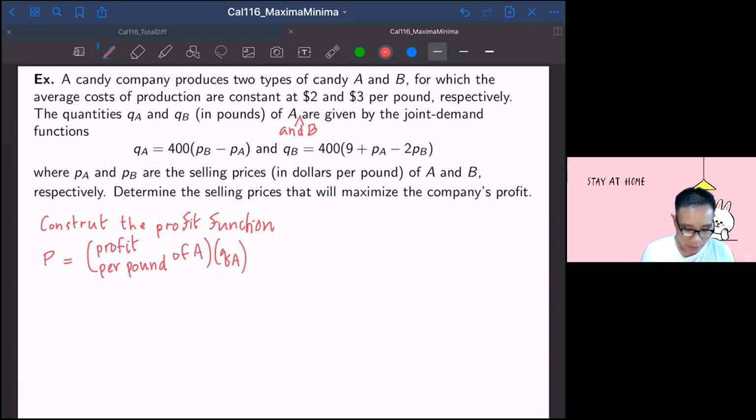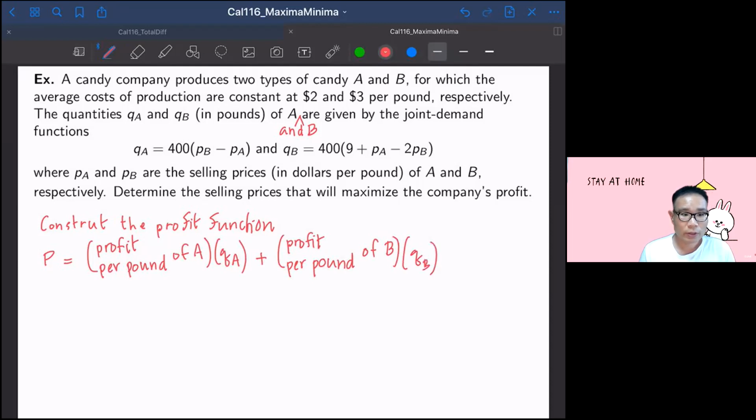And plus the profit per pound of B multiplied with the number of pounds of the candy sold for B.